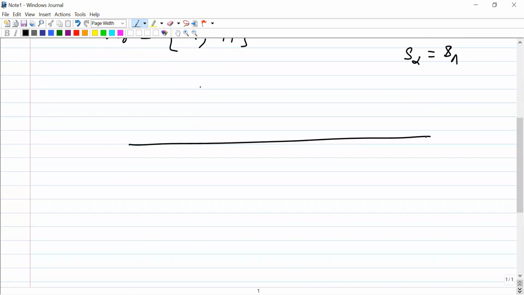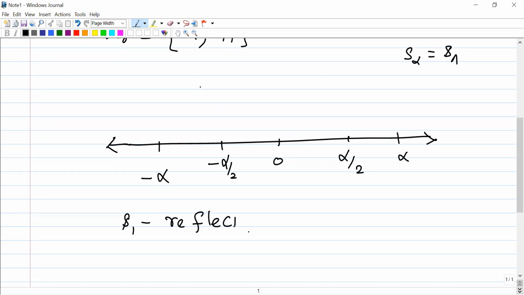Let's draw this. Here 0, and we have alpha by 2 here, and then alpha here. Similarly on the negative side, we have minus alpha by 2, and then minus alpha here. Then this S1 is actually reflection about this origin 0.